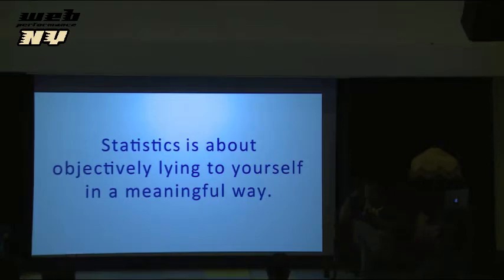Why is this? Statistics always aggregates data. You're not looking at the whole data, you're looking at a representation that does not contain the whole truth. So you're deliberately leaving some stuff out so that you get an easier, condensed statement for others, which is some sort of lying. It's not the worst one, but it's some sort. However, good statistics is about objectively lying to yourself in a meaningful way.